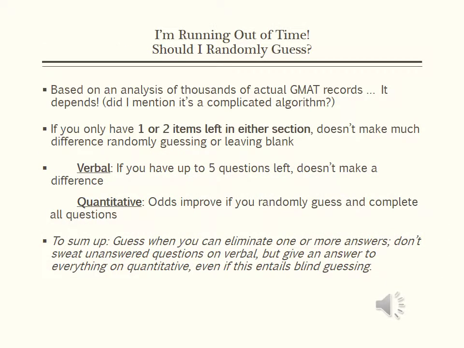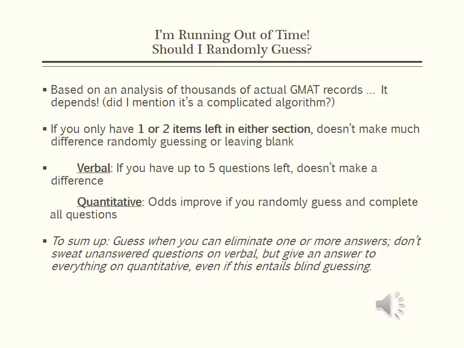A question that often arises when taking standardized tests is, if I'm running out of time, should I skip or guess? Based on an analysis of thousands of actual GMAT records, it depends, and it's also a complicated algorithm. If you only have 1 or 2 items left in either section, it doesn't make much difference randomly guessing or leaving blank.